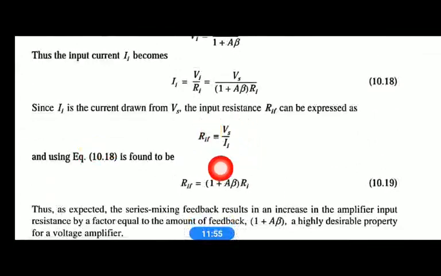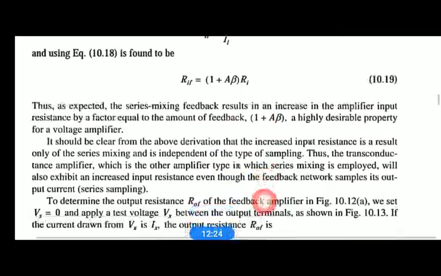You substitute Ii, which is Vs by 1 plus A beta into Ri. Vs gets cancelled and this term comes above. Therefore RIF is equal to 1 plus A beta into Ri. This is our input resistance RIF for the above circuit.